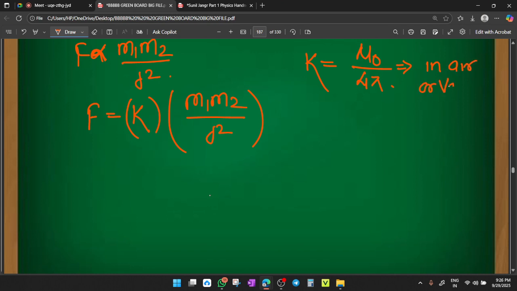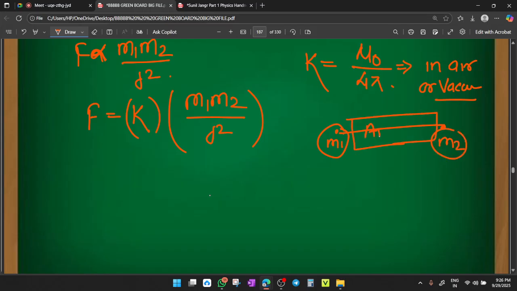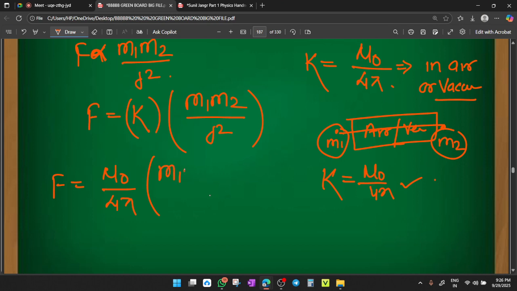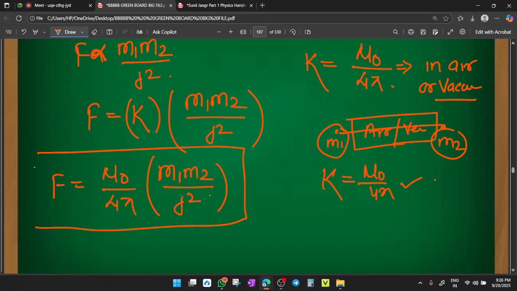So when the intervening medium between the two poles is air or vacuum, the constant works as mu naught upon 4 pi. Place the value here: F equals mu naught upon 4 pi m1 m2 upon d square. So this is the complete Coulomb's law.